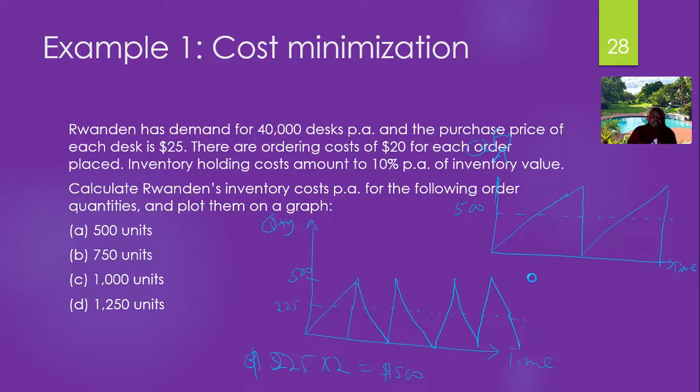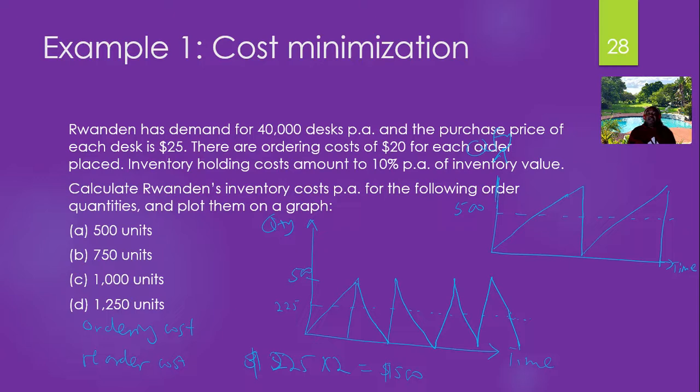Let me just say in terms of ordering costs, and then reorder costs. Reorder cost is determined by the number of orders which we would have made.